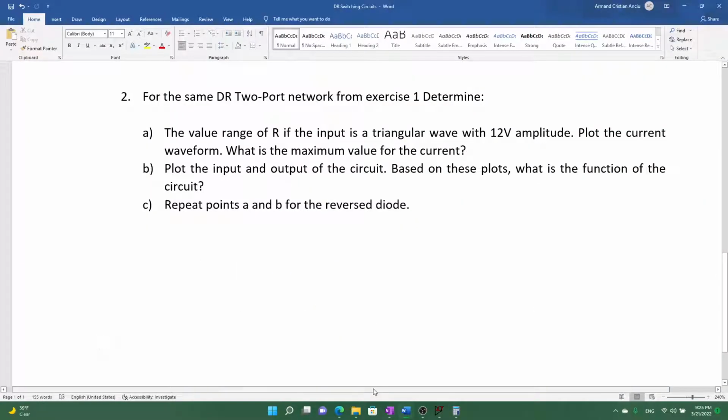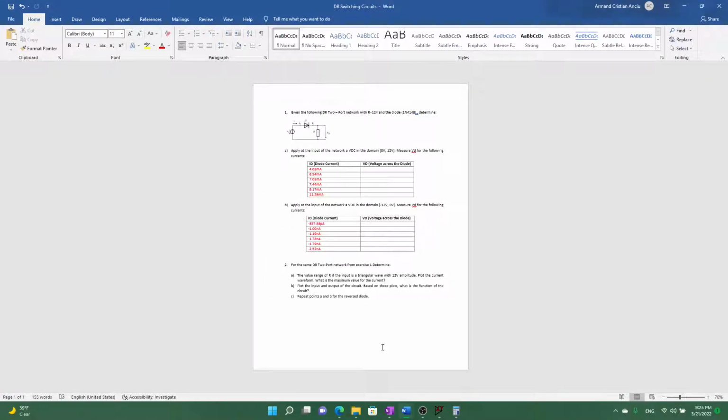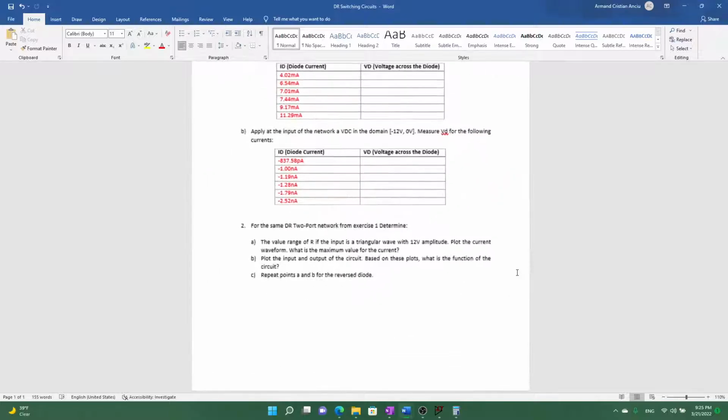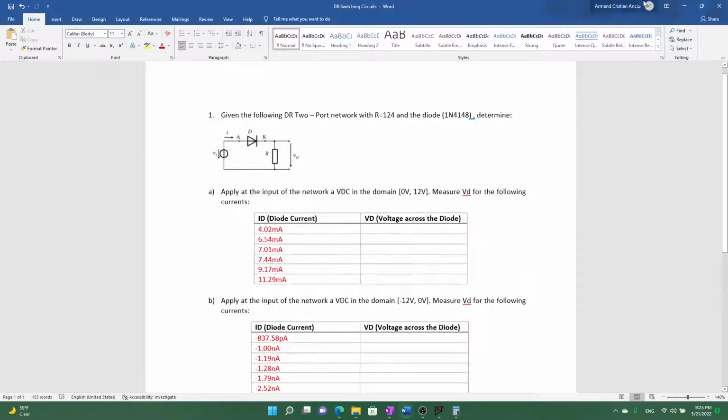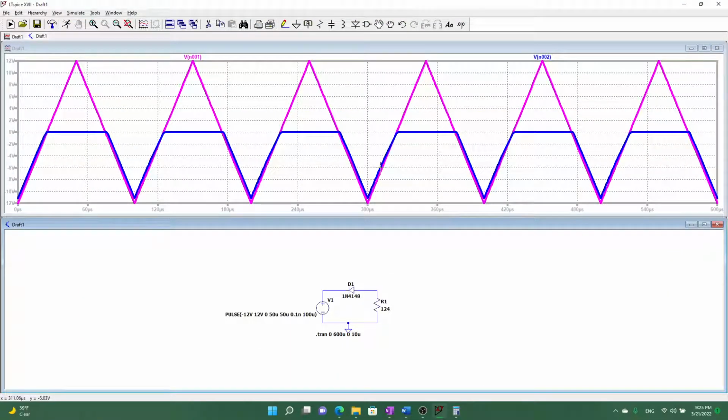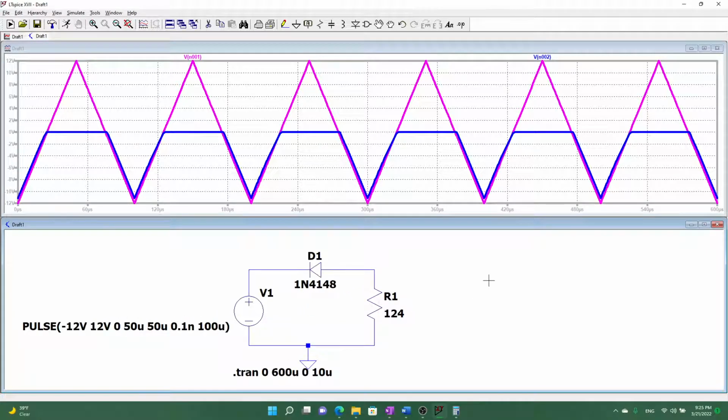And I think with that we are done. So go ahead and try to solve these exercises by yourselves. Next time we're going to go over two more circuits that I want to discuss with you. Our discussion about diodes does not end here.